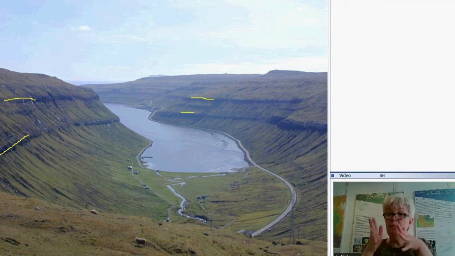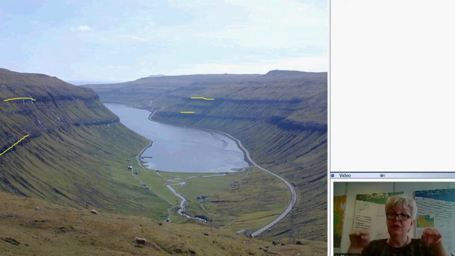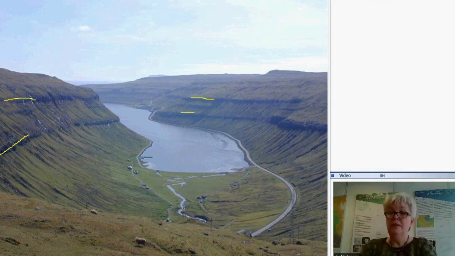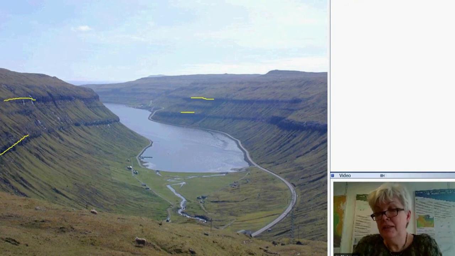It was built up by lava, volcanoes spraying up lava that ran over a big surface, and those layers that I just pointed out to you show old landscape surfaces. So that's how the landscape was built up, layer upon layer of lava 60 million years ago.